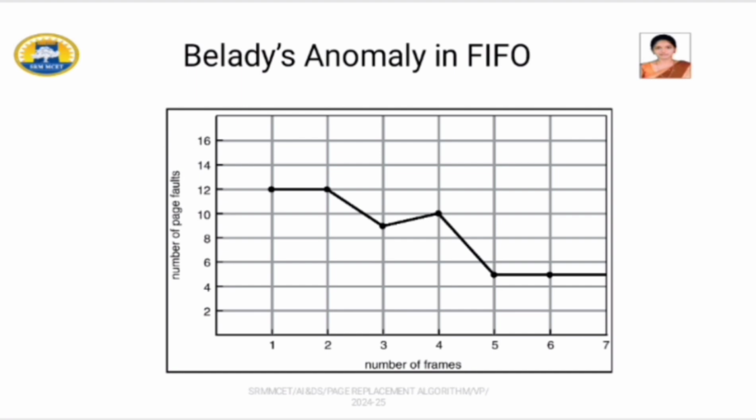Here we increase the number of page frames, and the page fault ratio also increases. This problem is called Belady's anomaly. But LRU and optimal never suffer from Belady's anomaly; only FIFO suffers from it.